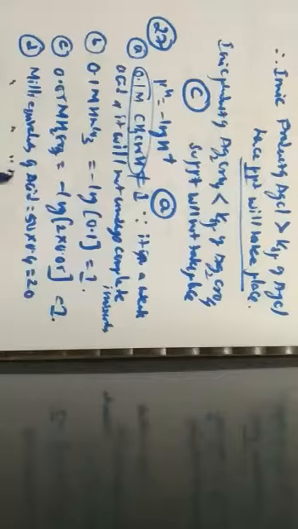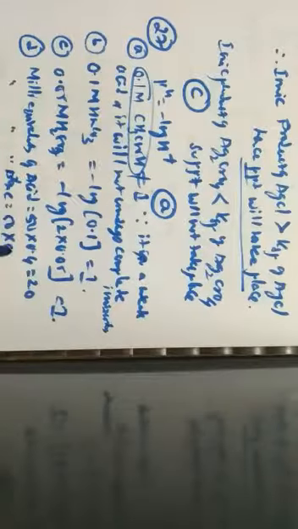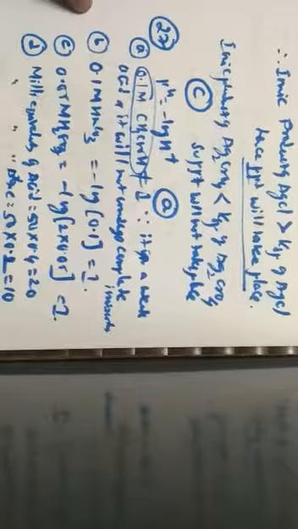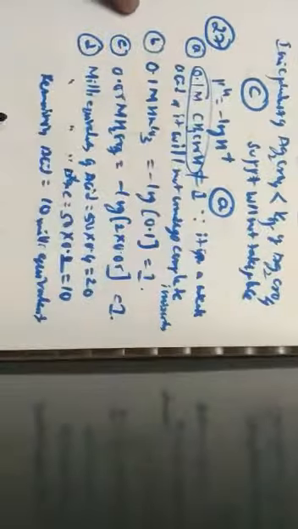In the same way, milli equivalents of base, that is NaOH, is equal to 50 into 0.2, that is equal to 10. Therefore, the acid left out, that is remaining acid, is 10 milli equivalents.